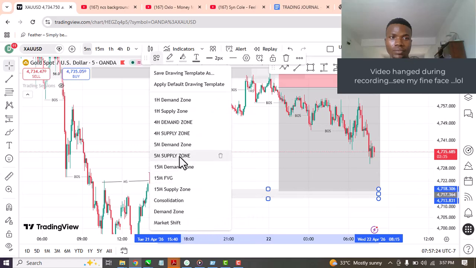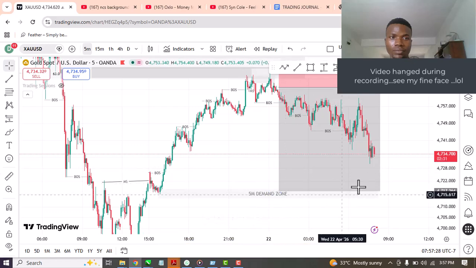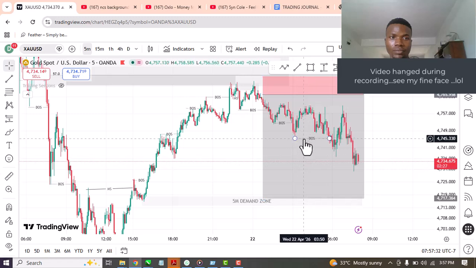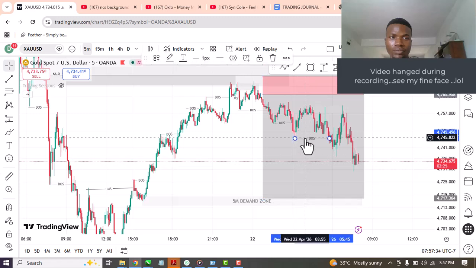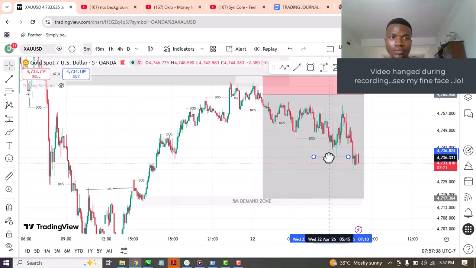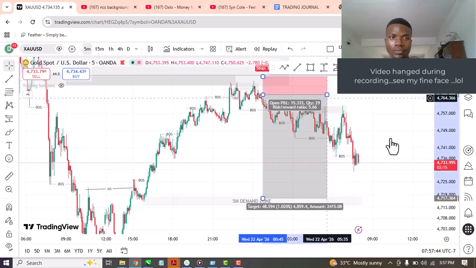Let me just mark that place out. This is a 5 minutes demand zone. I'm not so sure price is going to come all the way down here, but I can say that this is another confirmation that price is still going to move to the downside, because right now price is still breaking structure to the downside.